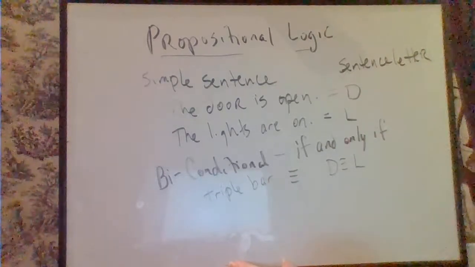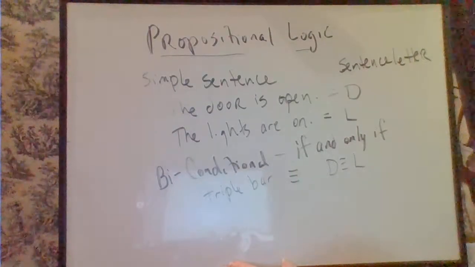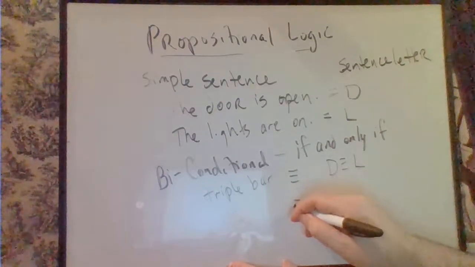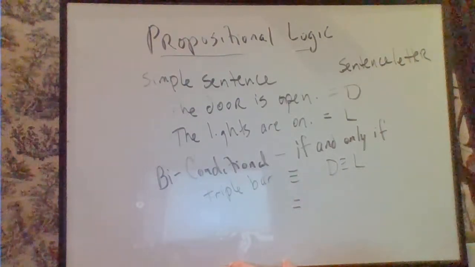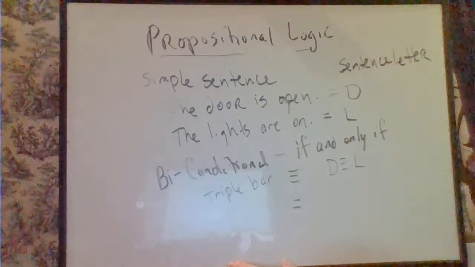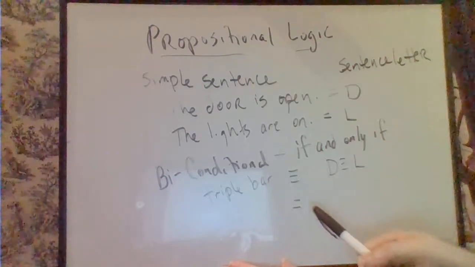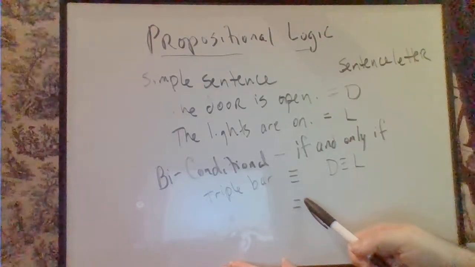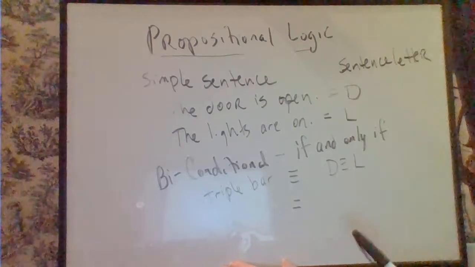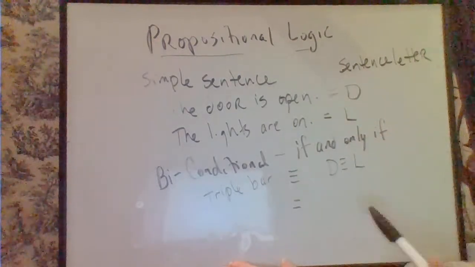For the purposes of the computer, again, you don't see a 3 bar anywhere on there, so I use just a double bar for that, which actually makes sense because when we start talking about truth values in a little bit, you'll see that sure enough, if and only if, you are looking at an equality aspect. You're looking for both of these to have the same truth value.